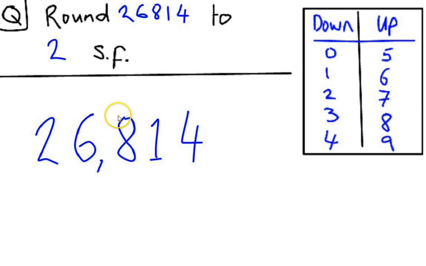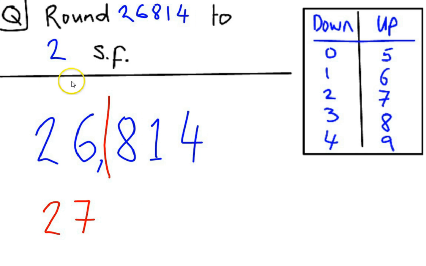So, starting from the left, counting from our first non-zero digit, the 2 is our first most significant, the 6 is our second. So what I'm going to do now is put my line down there. Okay, so we're going to look at the 8, and that 8 tells us that this 6 should be rounded up to a 7. So we're going to put 2 and then a 7.